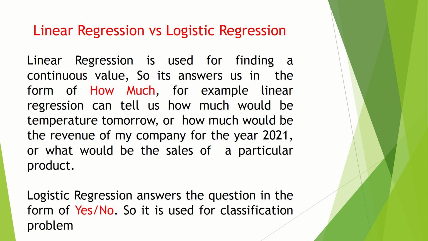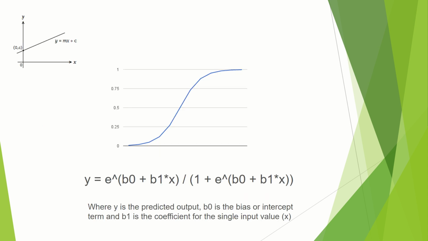Mathematically, how does it differ from linear regression? We'll see that. Here you can see the linear regression graph. If you remember from our last video on linear regression, this is the equation of a straight line, y = mx + c, which resembles the equation of linear regression as well. Here y is called the dependent variable because it is dependent on the value of x, with some slope of the line. m is the slope of the line and c is the bias or the intercept of the line.